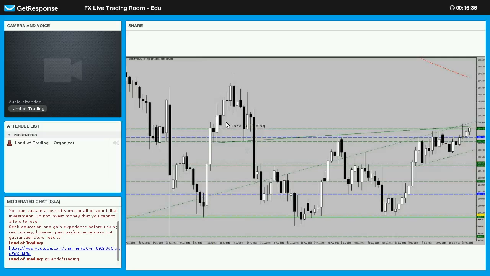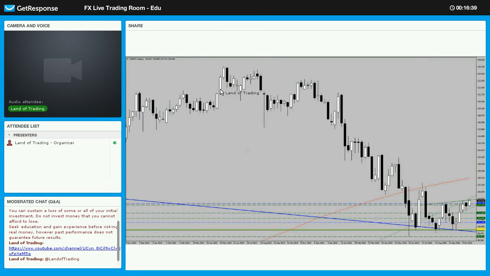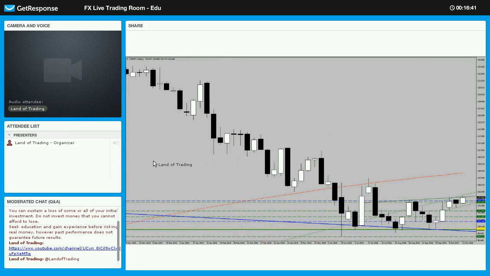If we manage to close on the weekly chart above this level, that's above 50% of this candle, we have a chance to see higher prices towards 105.30, 106.15, 106.70 and higher.